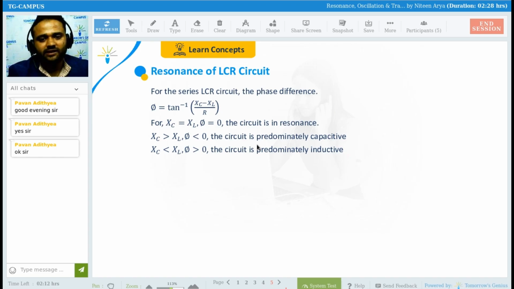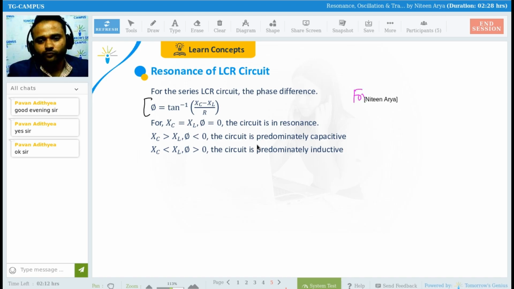Resonance of LCR circuit. For the series LCR circuit, the phase difference phi equals tan inverse of XC minus XL by R. So either you can write XC minus XL or you can write XL minus XC. For XC equals XL, the impedance of the capacitor equals that of the inductor, phi is 0. So you can also understand it this way.